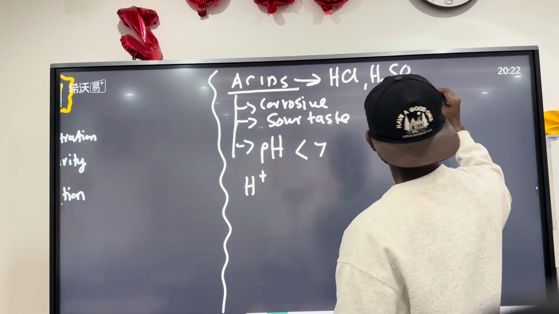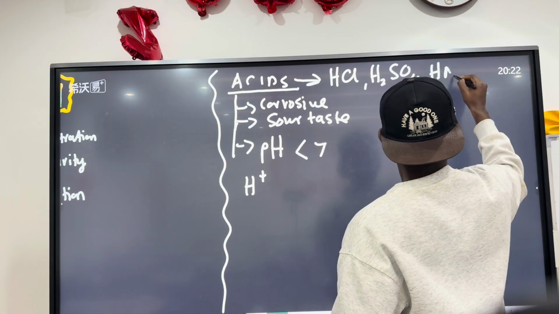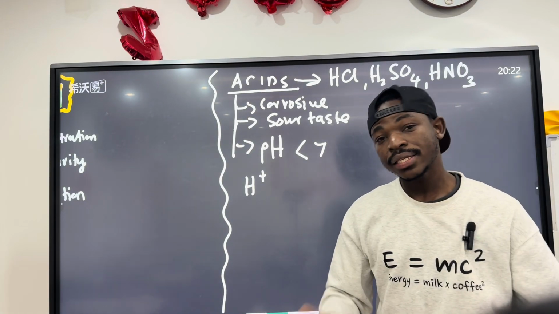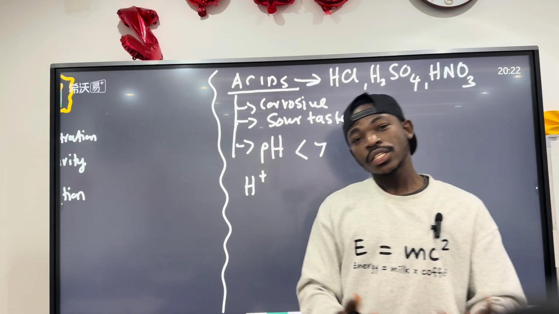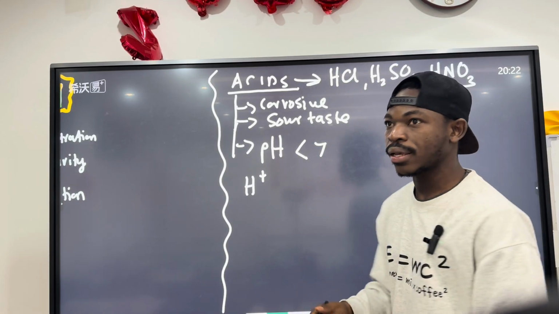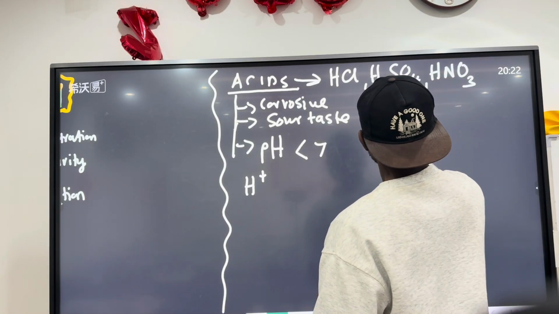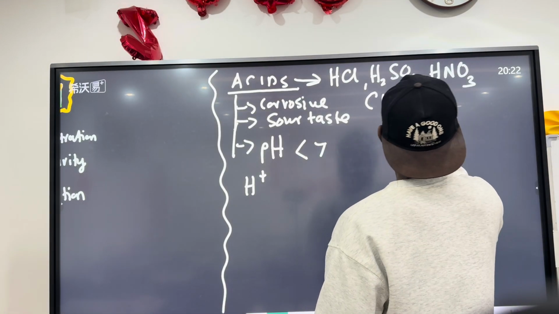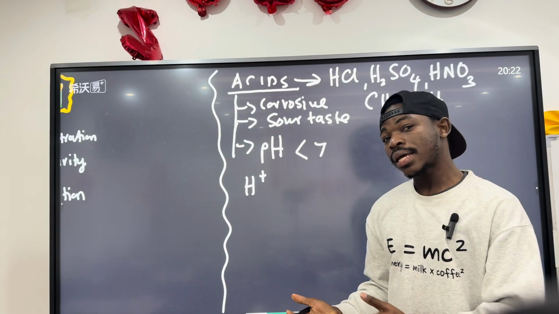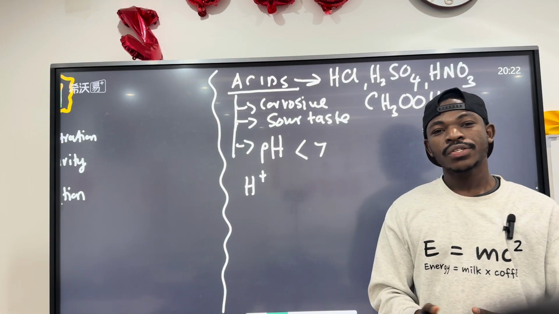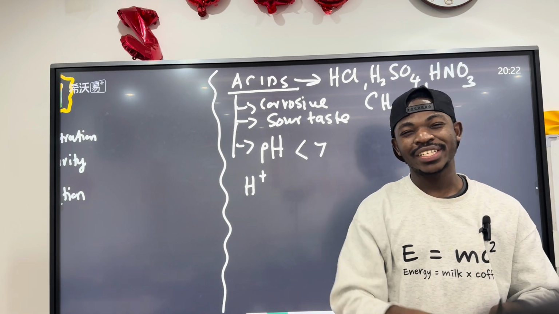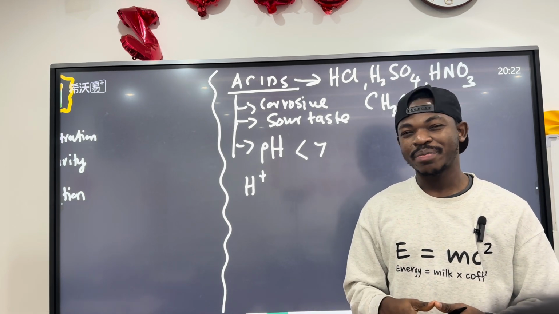Nitric acid. We also have other acids like ethanoic acid. So these acids are able to dissolve in water, then they are able to give us that hydrogen ion. I hope you understand what we mean by acids.